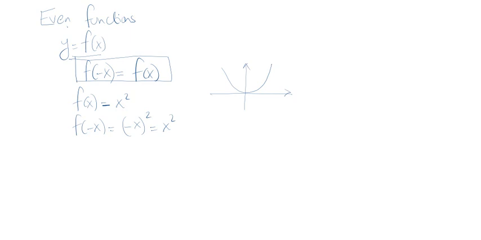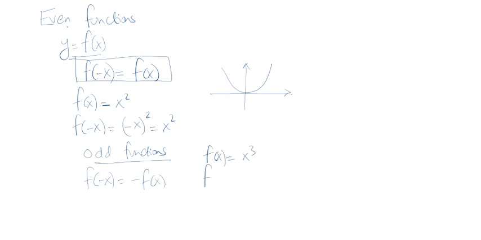Now we're going to focus on odd functions. For odd functions, what happens is that if you input minus x inside the function, you get minus f(x). An equation which happens to be an odd function is f(x) equal to x cubed.